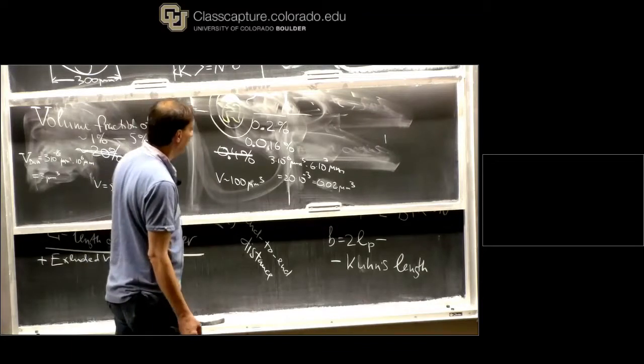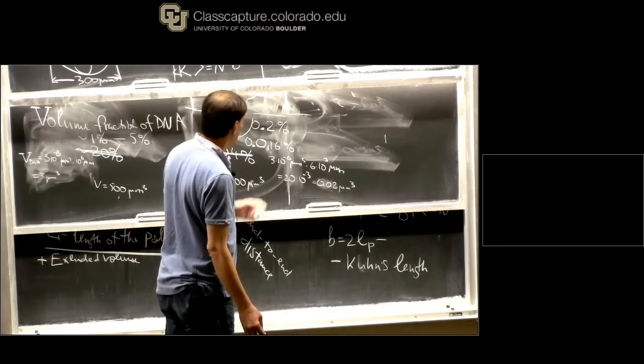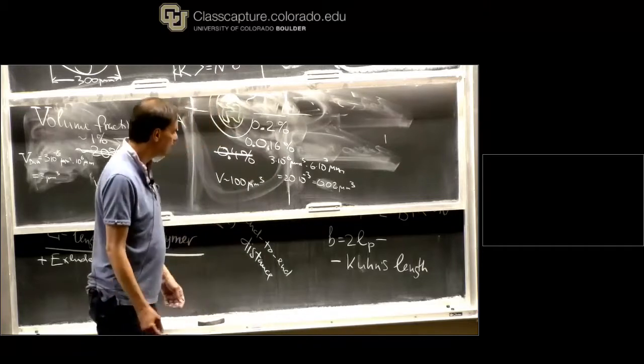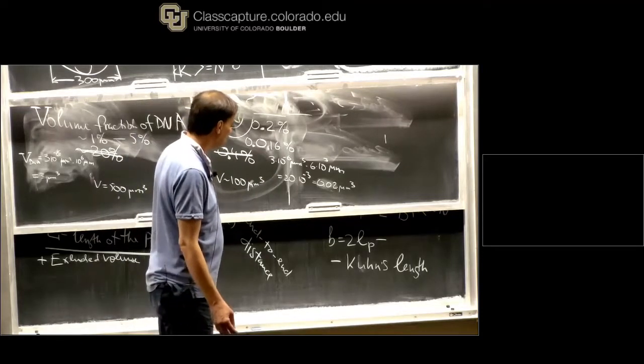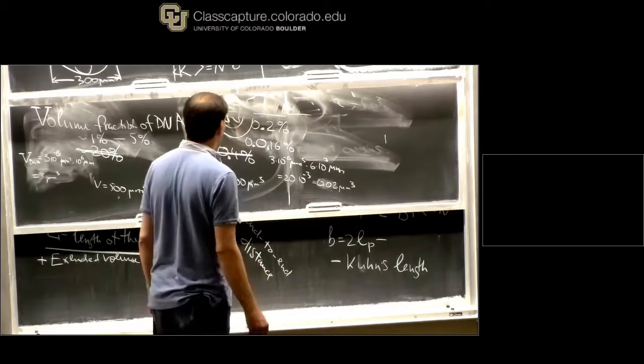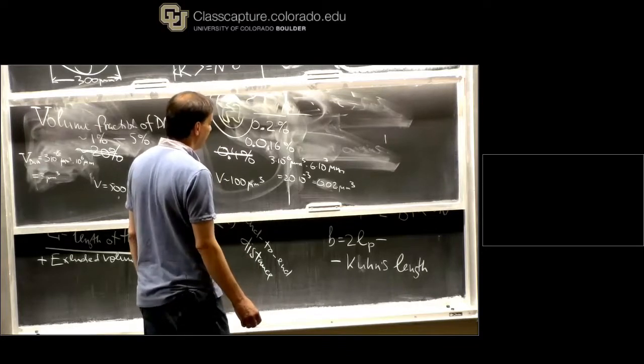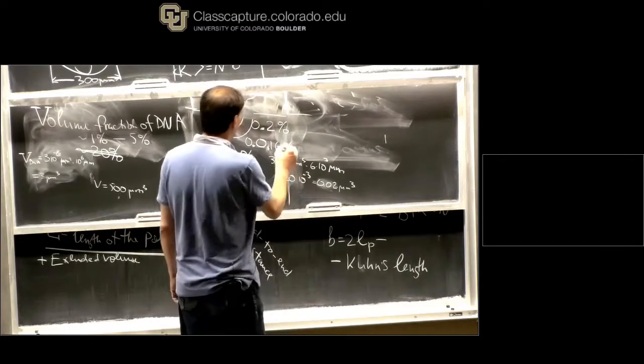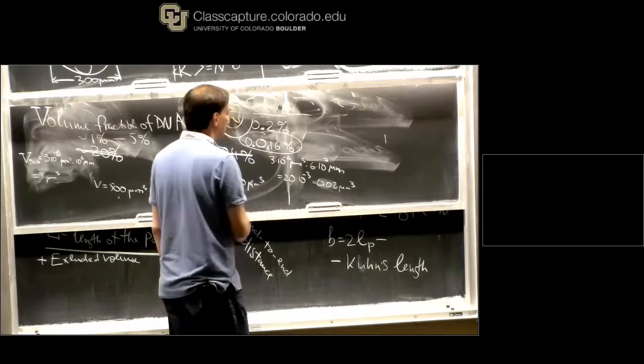So that's indeed closer to that. Pi times r squared. R is 1. Okay, so we get somewhere in the fraction of a percent.